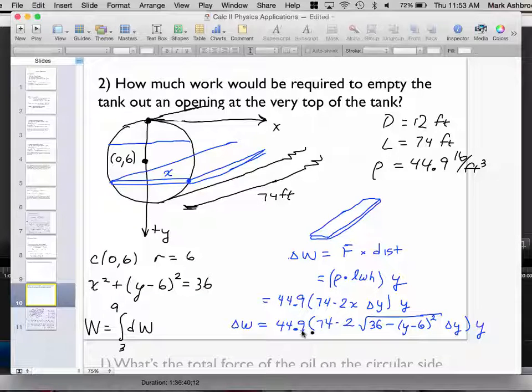Weight density times volume gives force. The weight of an object is the force required to lift it. So this is the force that's going to be required to lift that layer. And then times the distance that we're going to apply that force gives us the total work, and the distance is simply y because we set up the origin there. So then from 3 to 9 of that.